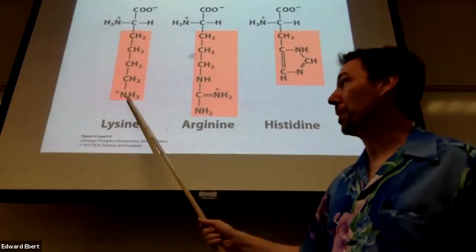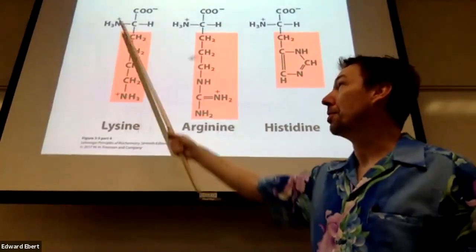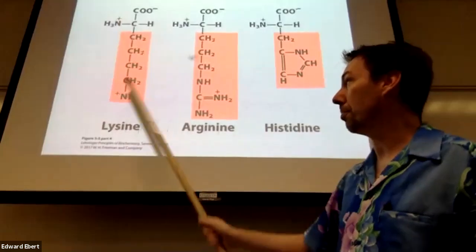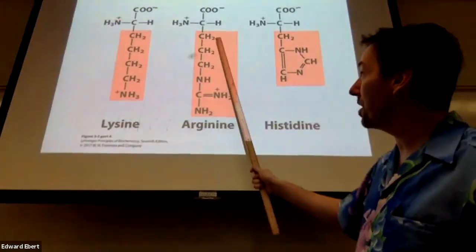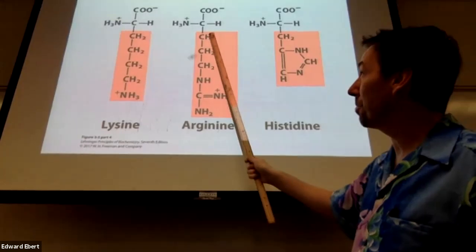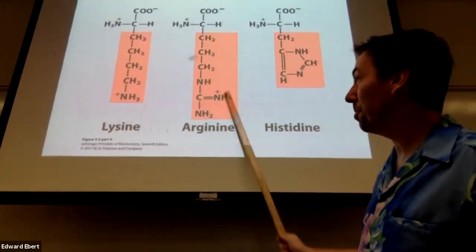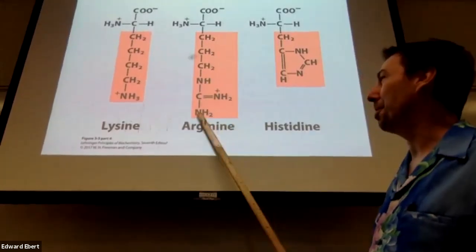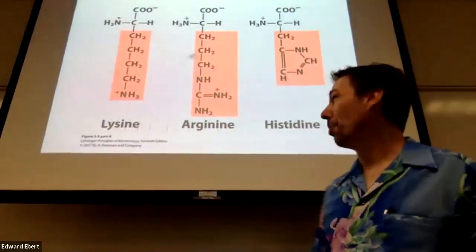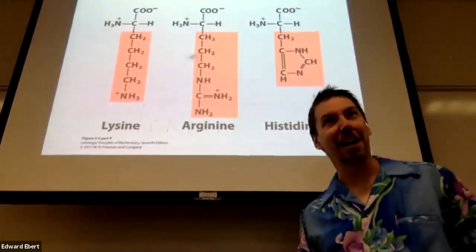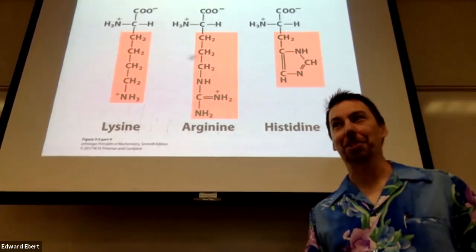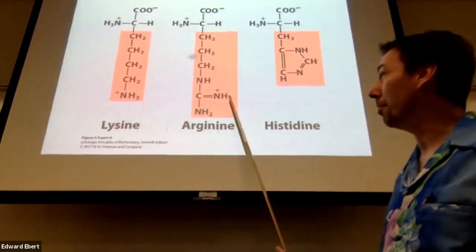And at physiological pH, this will be protonated, so we'll have a positively charged amino acid. So arginine gets really funky because you'd say, well, 1, 2, 3, and then, oh, no, wait, we've got 3 nitrogens in here. So arginine can be challenging to remember its structure, but one of these will be protonated.